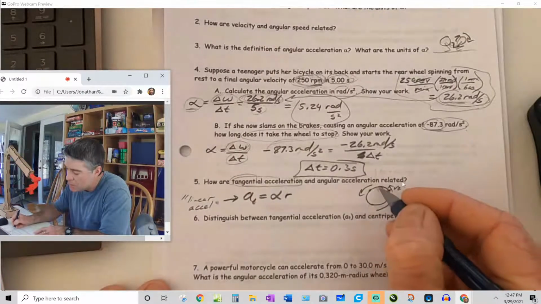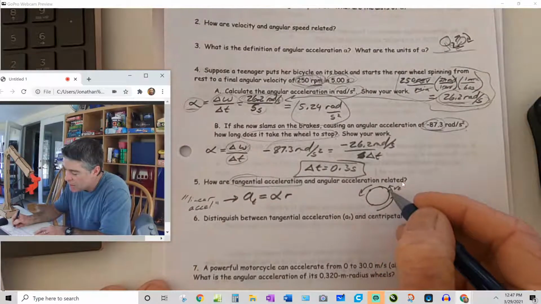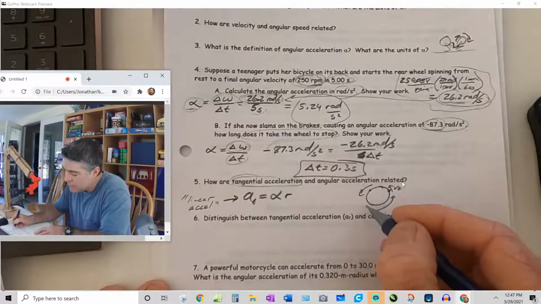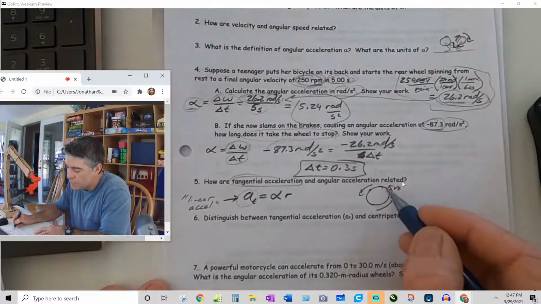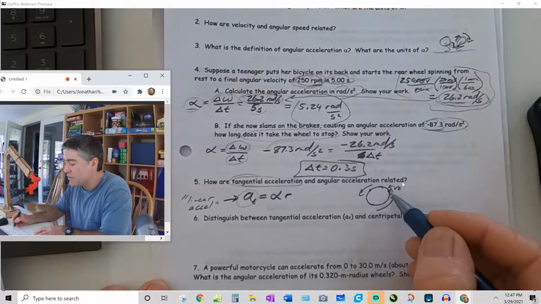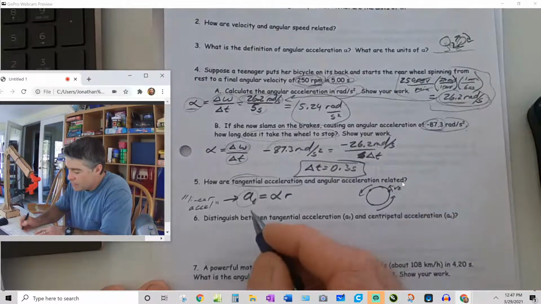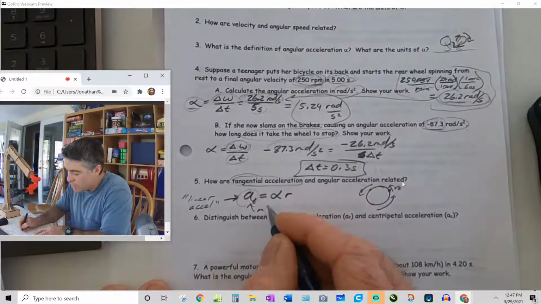I want to know how many meters per second it's speeding up every second. So that's in meters per second squared, and it's usually used when something is moving in a circle, moving tangent to the circle.